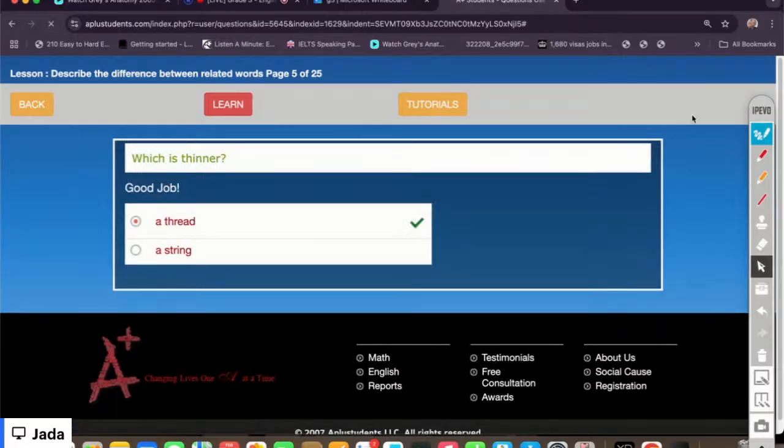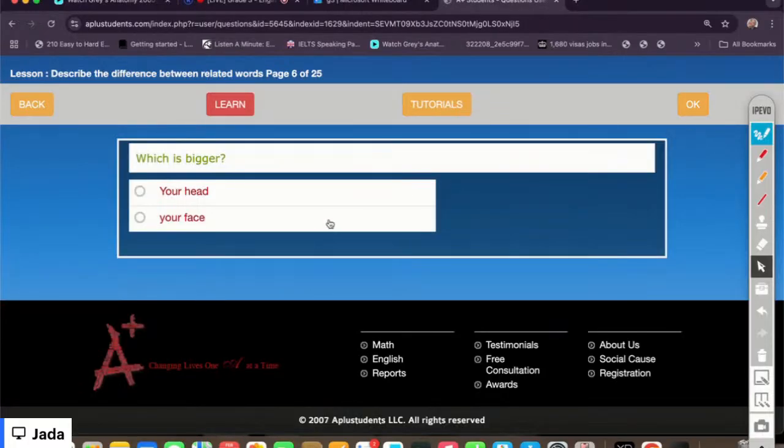So a thread is thinner. So which is bigger, your head or your face?